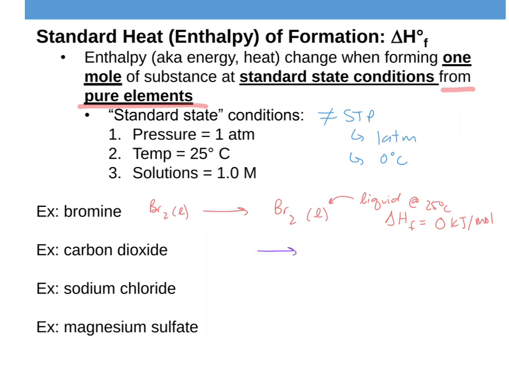What we're saying is that for carbon dioxide, so CO2, I'm going to take 1 mole of it. Now, what was it made from? It was made from carbon, and it was made from oxygen. But now these are coming from the pure elements. Carbon as a pure element is just carbon. That's great. But oxygen as a pure element is actually a diatomic element, so it's O2.